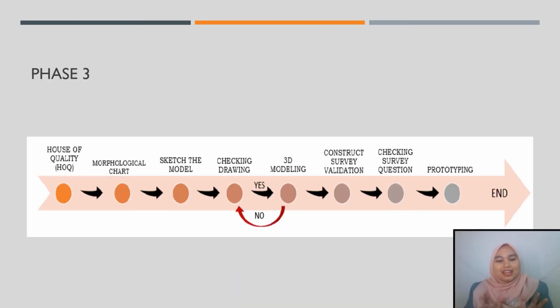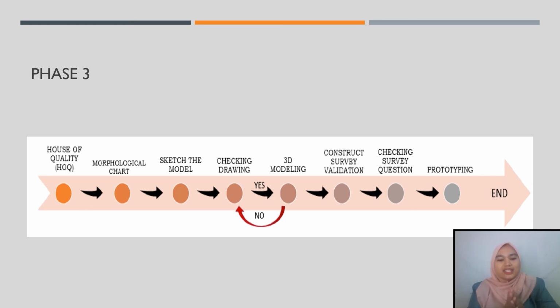Okay, this is the work frame for phase 3. We start with the house of quality. This is used to narrow the scope from the sentiment survey in phase 2, as well as the morphological part, to get a concept for the air freshener that we want to design.